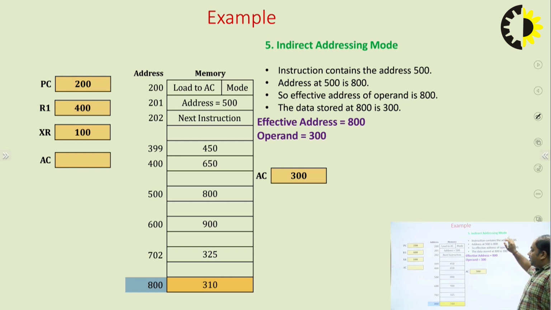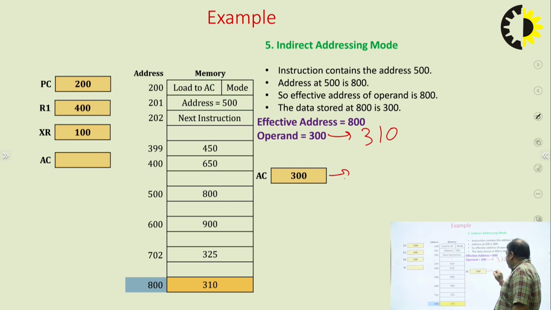The address is 500. The address referenced in memory at 500 is 800, and the value of the operand at 800 is 310. So the value of the operand here is 310, not 300, and the value in the accumulator is 310 as given in the figure.